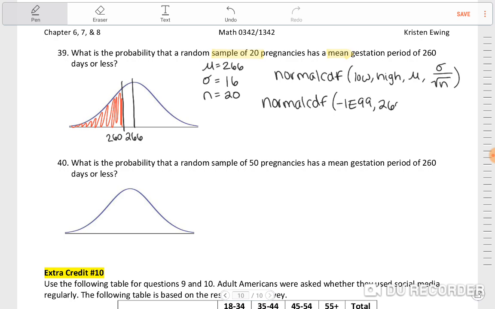My maximum 260. My mean is 266. And then we're going to do our standard deviation, which is 16 divided by the square root of 20. You'll just type that in your calculator that way, and you will get 0.0468. And that's it for that one.